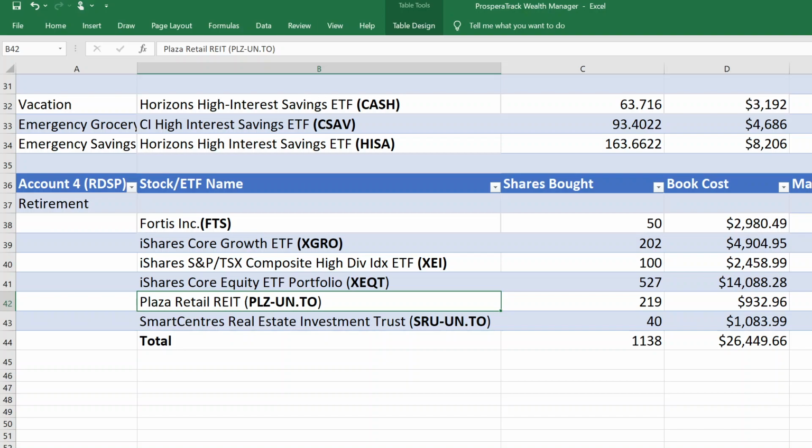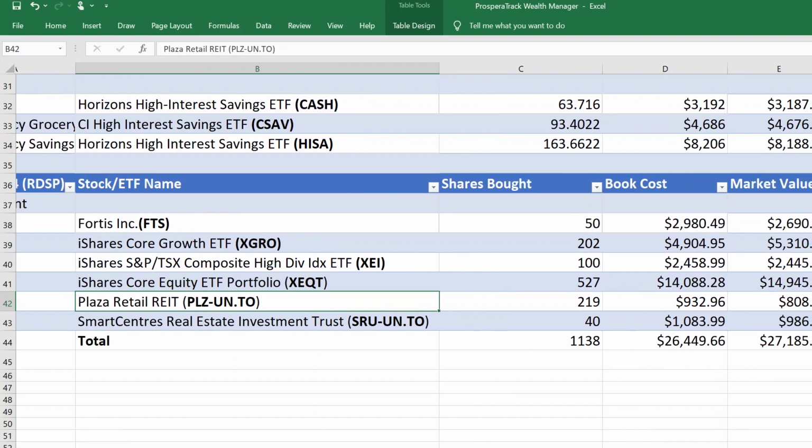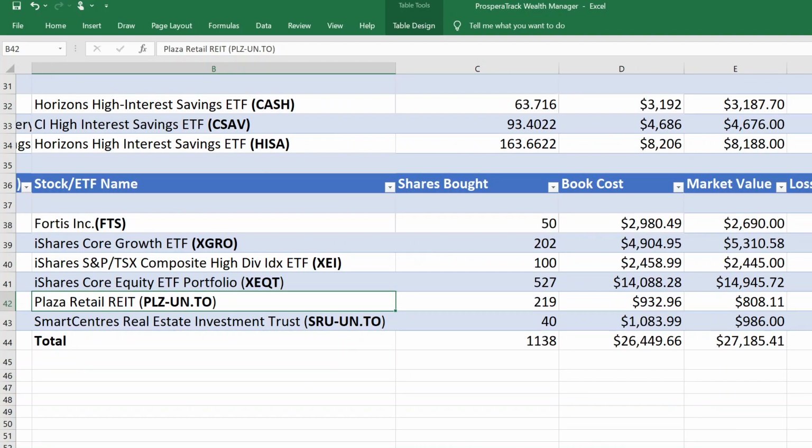The current total value of the share that I have for Plaza REIT is 219, and I bought it at 932.96. Currently trading at 808.11. So as you can see, I'm a little bit down.